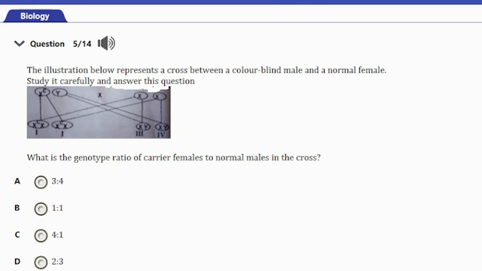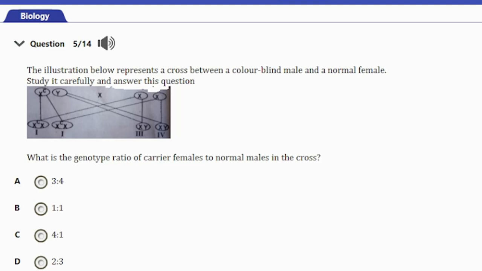Looking at this, to get the ratio of the genotype for the carrier females to normal males in this cross, that will be 1:1, because here you have 2 being the carrier females and 2 being the normal males.